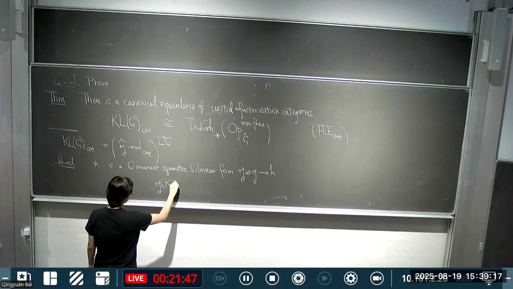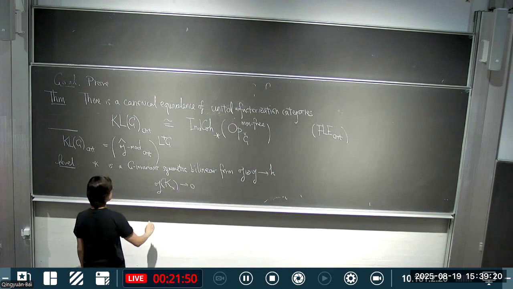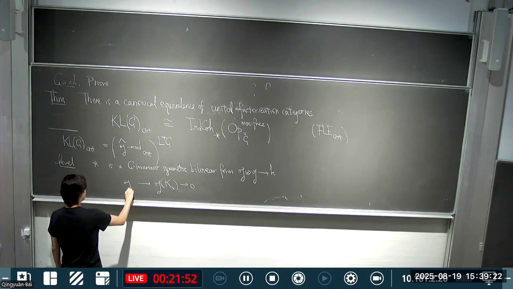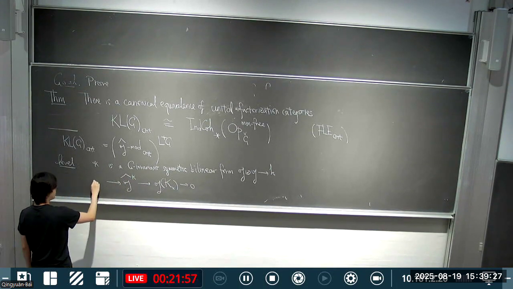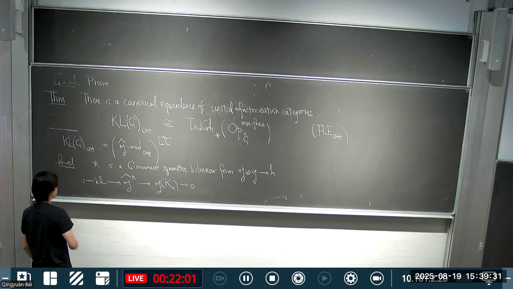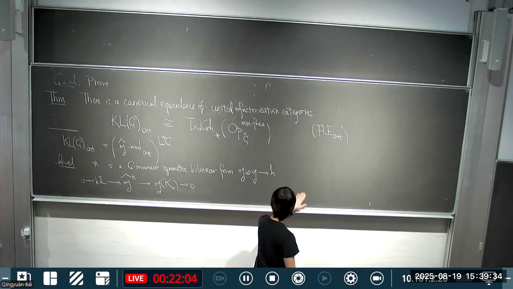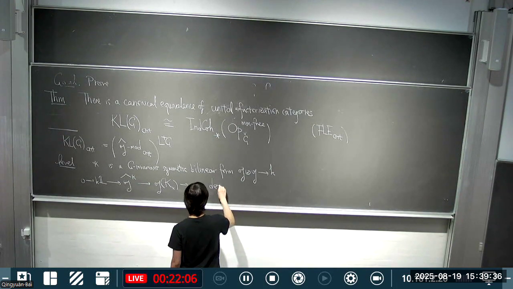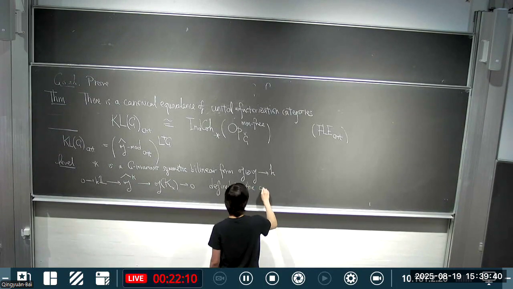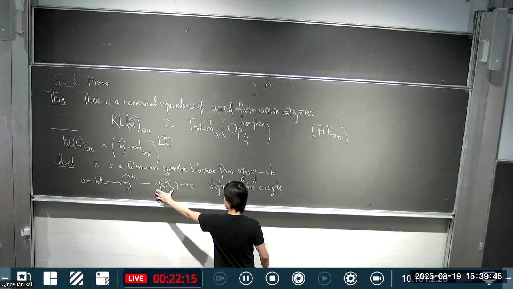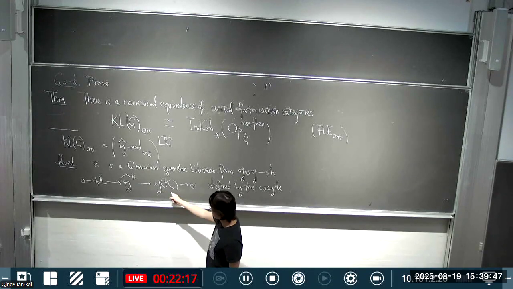So Kx is the local field at the point x, and here I have G hat kappa, and this is defined by a cocycle. The central extension by a one-dimensional center is defined by the following cocycle. That's a pairing on G Kx with itself valued in the ground field.